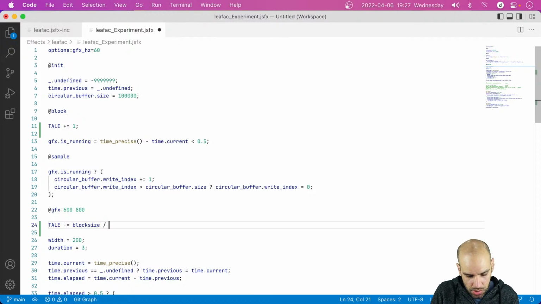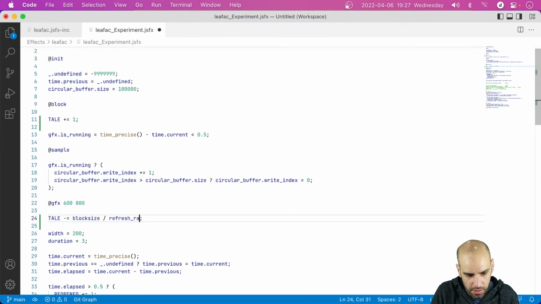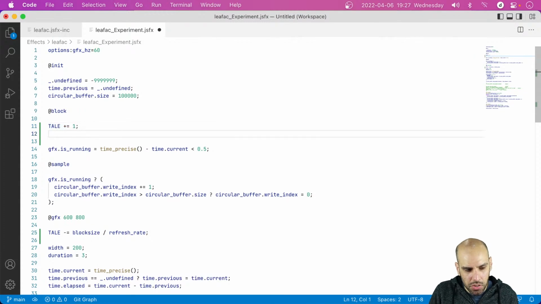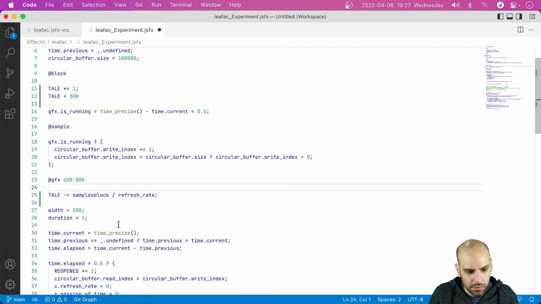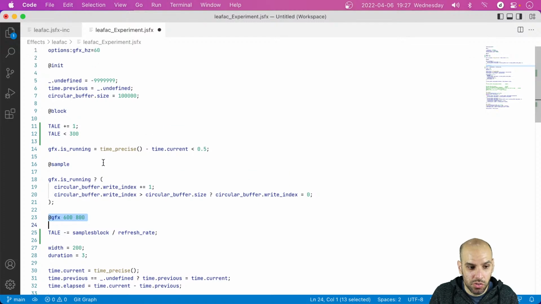But in any case, just do this, where 60 is the refresh rate. So if the GFX block is running, it is going to try to counteract the increment that this is doing. So if the GFX block is running, this will be less than a certain threshold. Thank you. It's called samples block. And this is just the refresh rate, which will be like 60. So now, of course, this is considering that we are not going to drop frames.